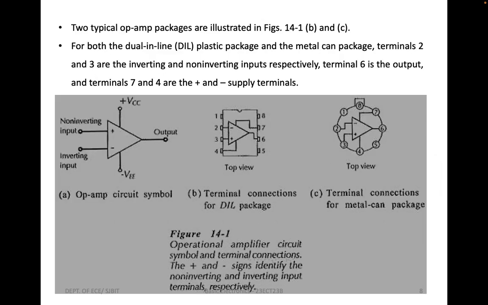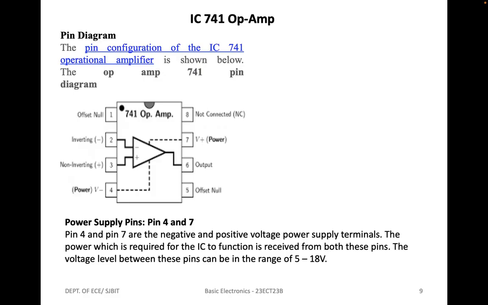Coming to the basic internal circuit, the basic circuit of an IC operational amplifier is shown here. The actual op-amp internal circuitry is much more complex, but the differential amplifier input stage has two high impedance input terminals and the emitter follower output stage has a low impedance.